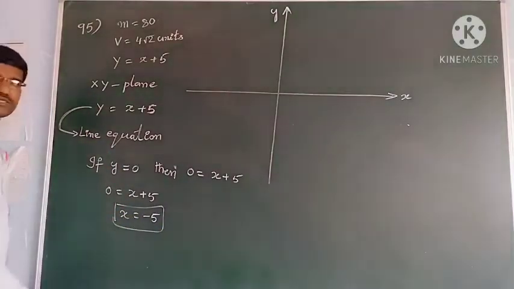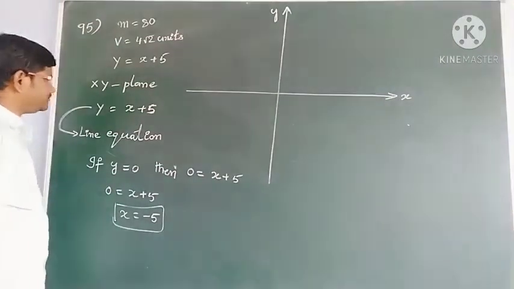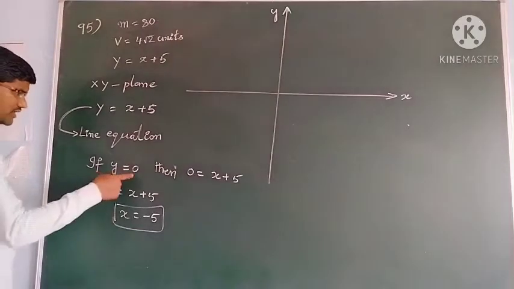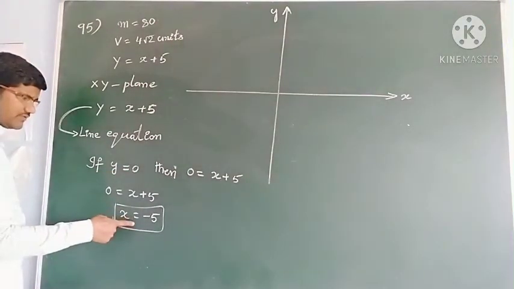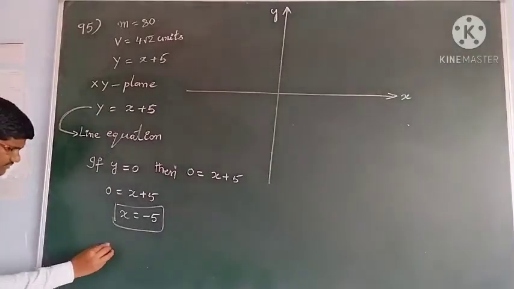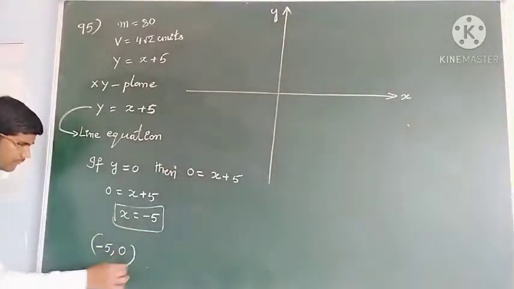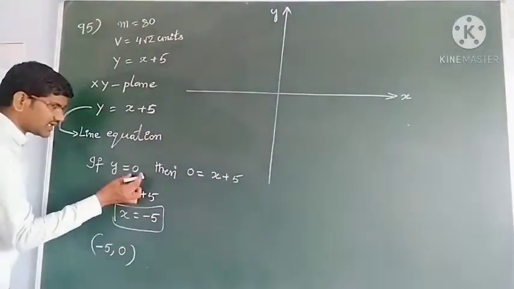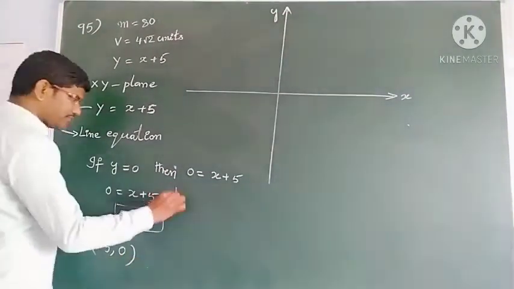So the coordinate I got is minus 5 comma 0. This is the x value, minus 5, and the corresponding y value is 0.